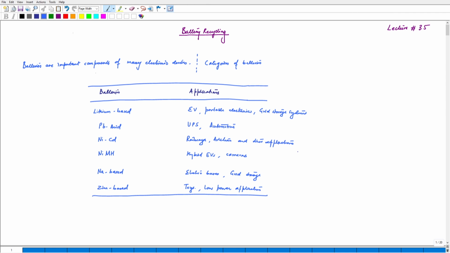Now, when we think of different categories of batteries and we now know the various applications, of course, we must note that these batteries can have different types of applications beyond these applications. This means that the source of batteries that we will be getting for recycling will be dependent on where it was used, what was the size, what was the intended application, what were the operation conditions.